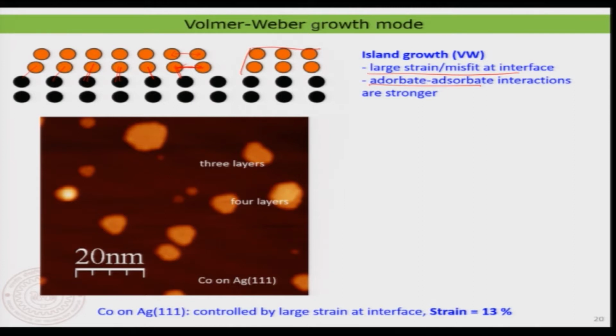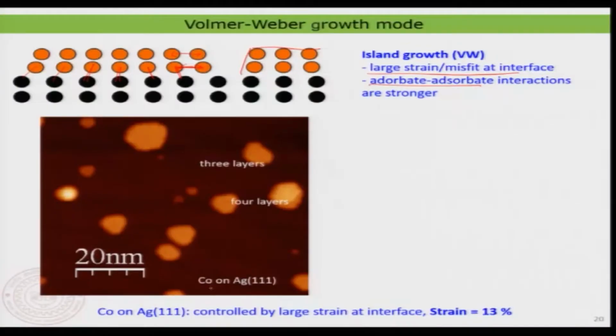So, at the interface the relaxation is much lower in this particular case. The adsorbate atoms are strongly interacting, therefore the relaxation of the adsorbate lattice is very low at the interface, and therefore they prefer to grow like an island.